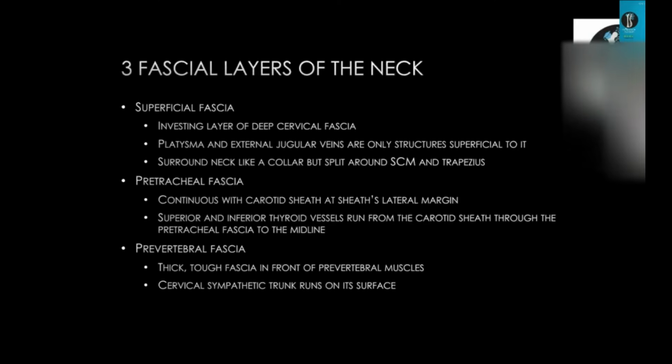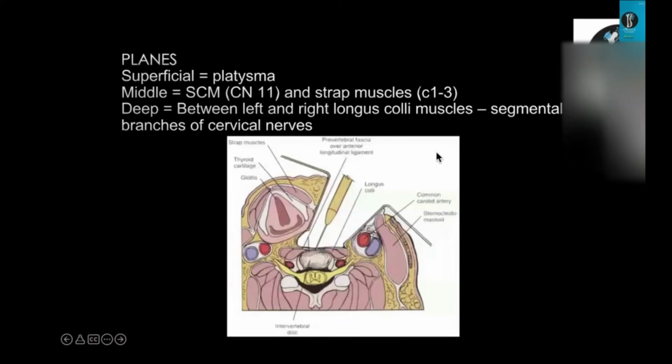And in some ways they do restrict your access, but you can ligate them. Prevertebral fascia, and of course the sympathetic trunk runs on its surface with the stellate ganglion a little bit lower down. So this is the diagram that you need to know.